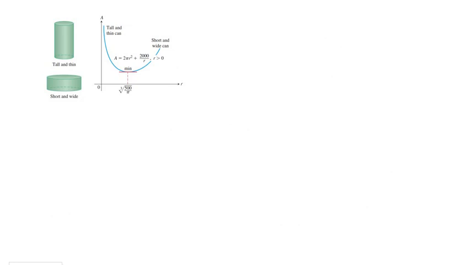If we look at the function, A equals 2 pi r squared plus 2000 over r, that's what we got in the previous slide. If we plot it, we see that at this value of r there is a minimum. The r is a little complicated.